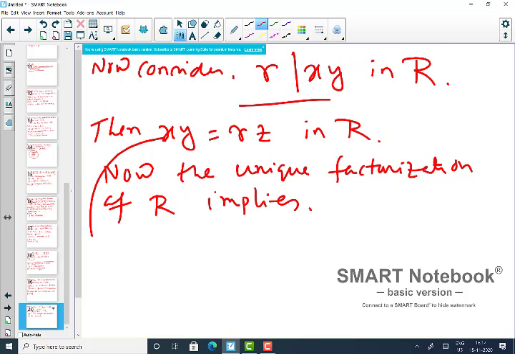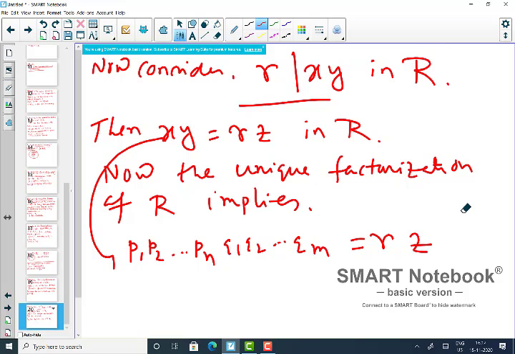You can write x as a product of irreducibles P1 P2 up to Pn, and y also as Q1 Q2 up to Qm, and that is equal to r times z. I never said that these Pi's are distinct. Even in the definition of unique factorization, I never said that the irreducible elements have to be distinct. They can repeat also, and if they repeat, it doesn't matter. You just write down that they repeat together.